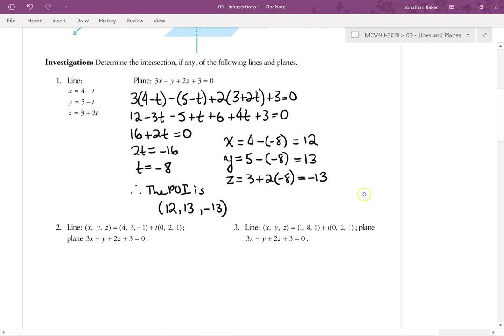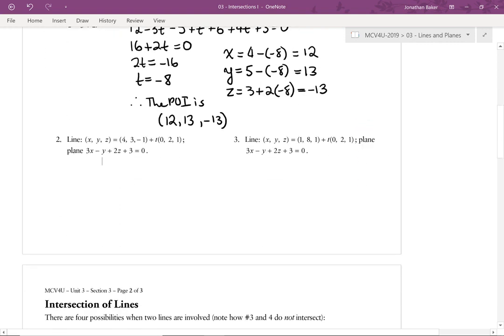Okay, let's look at example 2. So I'm going to use the same method here. So let's start by writing parametric equations. And we'll put this nice and far over to the left here because we need lots of space for these. So x is equal to, well, in this case, it's just going to be 4, because we have 0 times t. And let's write y.